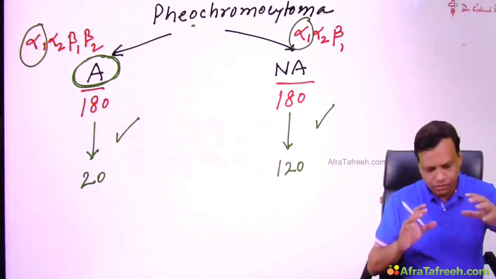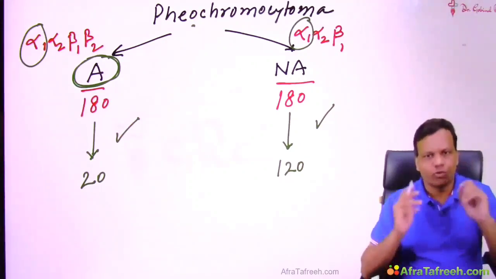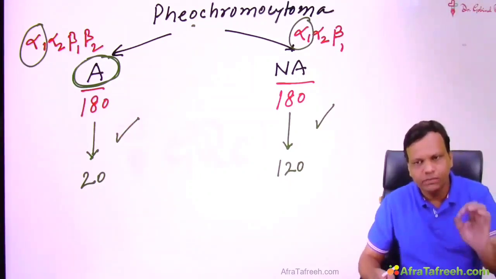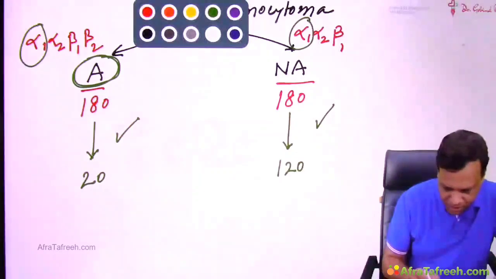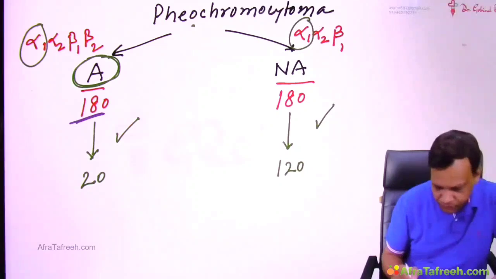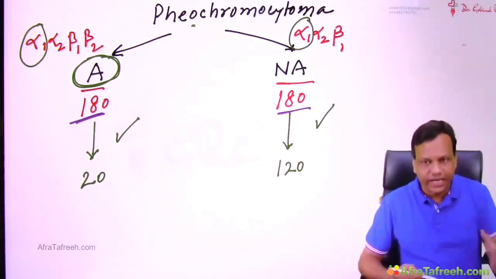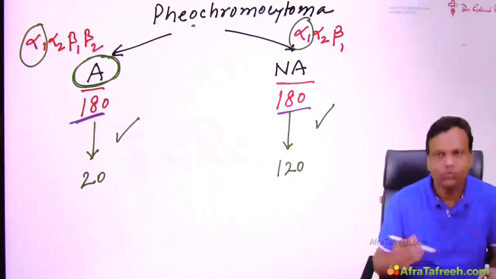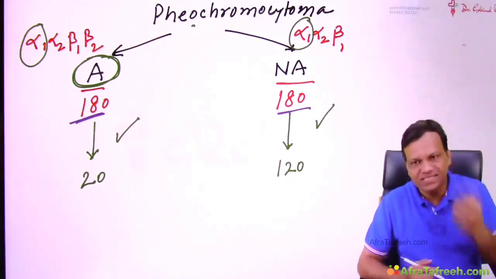Clear? Now the question is, in which of these two pheochromocytomas can we give only a beta blocker? In none of them. The reason is, in this person the BP is 180, not 220 or 230, because the endogenous adrenaline is stimulating beta 2, and that beta 2 is causing vasodilation, which decreases the BP slightly.